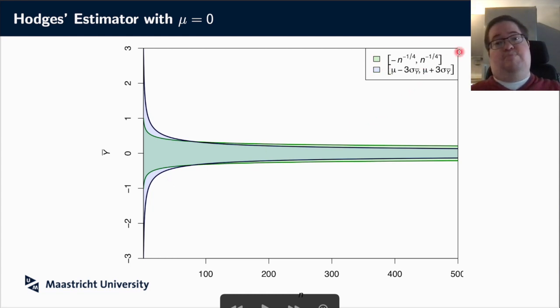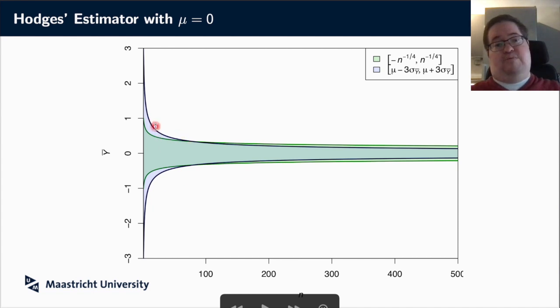On the green part, we have the bounds. Between these bounds, y bar is smaller or equal to c in absolute value, and we would set the estimator to 0. The true mean is 0 here, mu is 0.